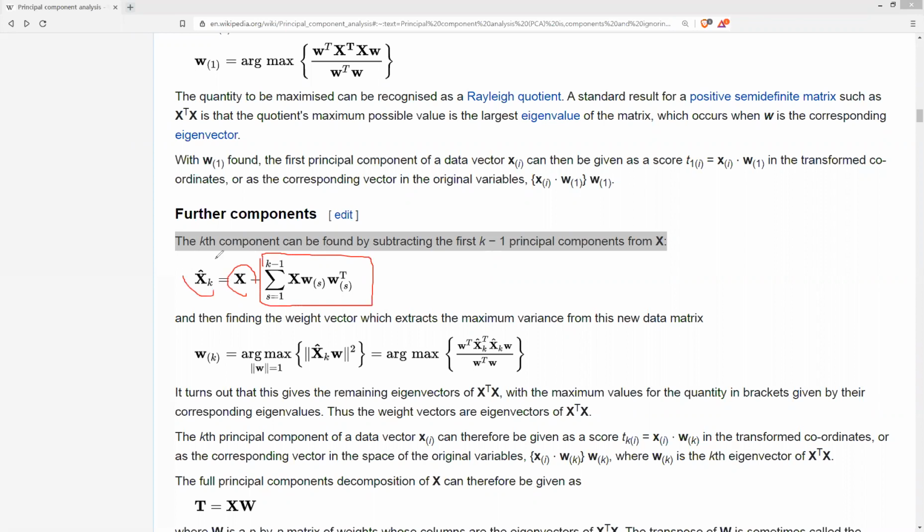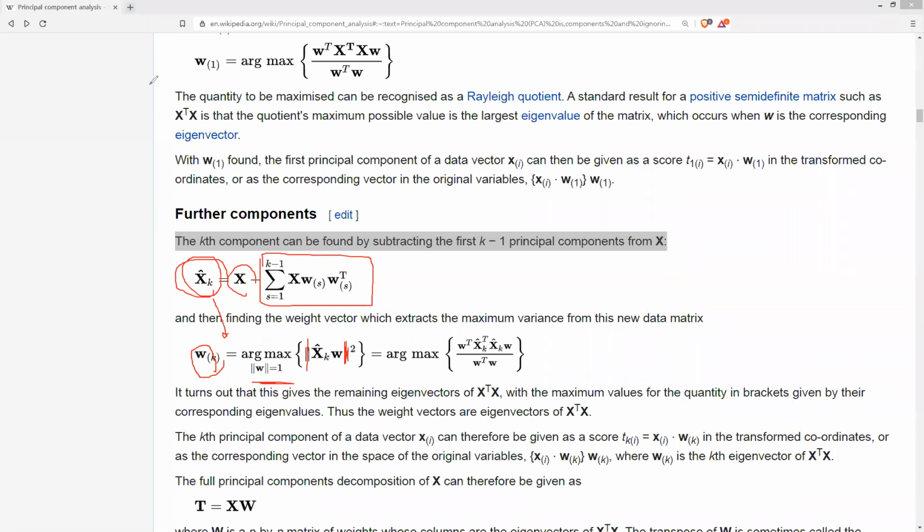Then we have a new matrix, and within the new matrix, we find a weight matrix, which is of course normalized, that maximizes the variation of the column linear combination. Okay, so this is the kth component.